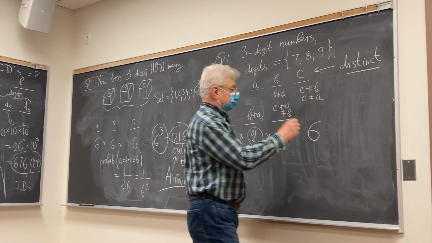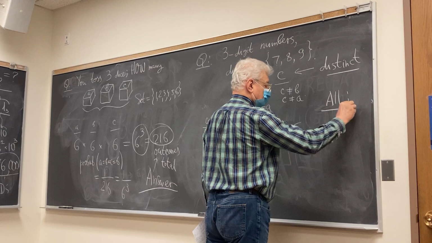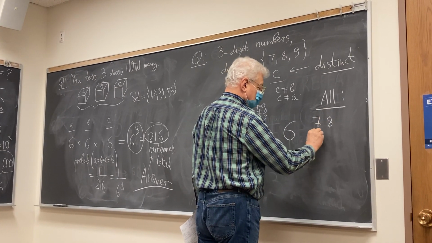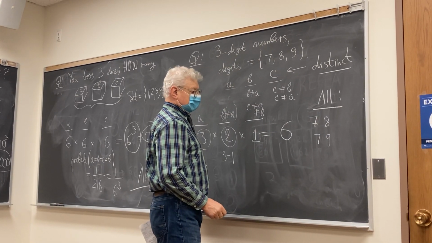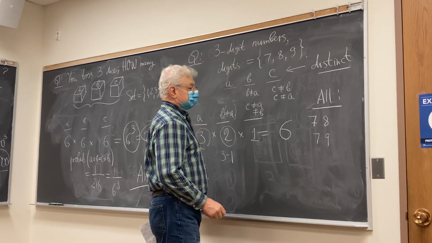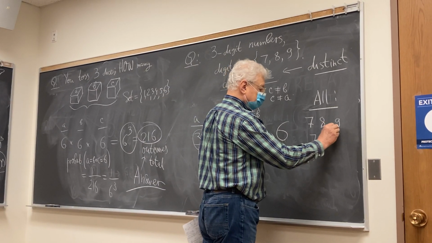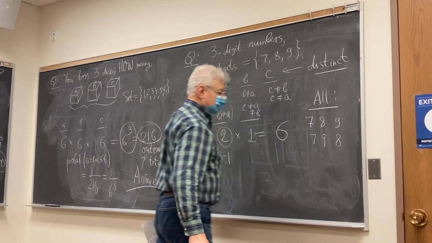Okay, 6 possibilities, and because it's such a small number, we can write all of them. Let's start with 7. What's next? Could be 8, could be 9. That's it. Now, after that, if you have 7, 8, the only possibility is 9, and here the only possibility is 8. So, 2 of them.